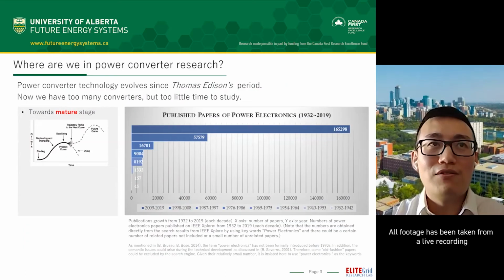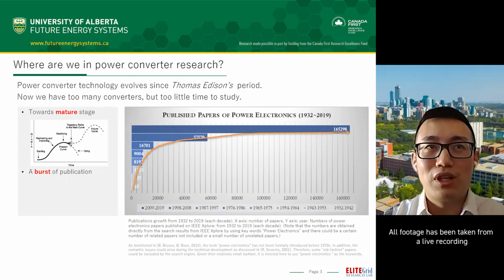Power converters actually have a very long history and can be traced back to the late 19th century. Now we believe that the innovation in our field is going towards a mature stage. If we take a look at the papers, we see a burst of publications in just the recent two decades, and the whole research community is flooded by resembling power converter circuits and similar operation methods.